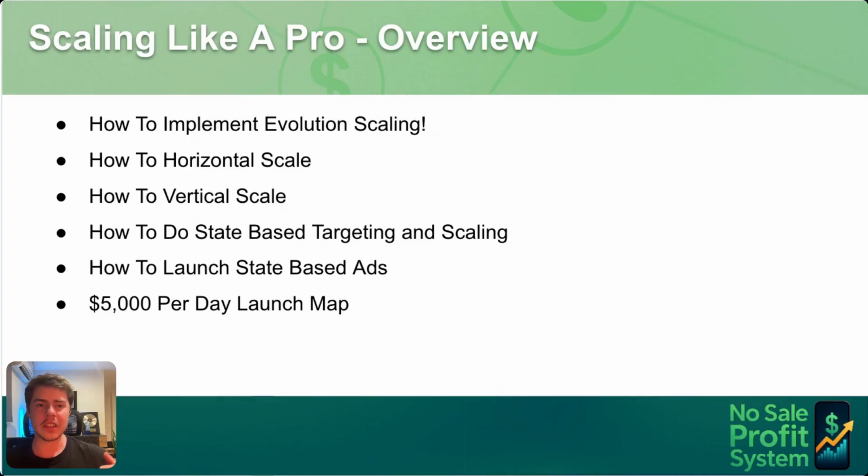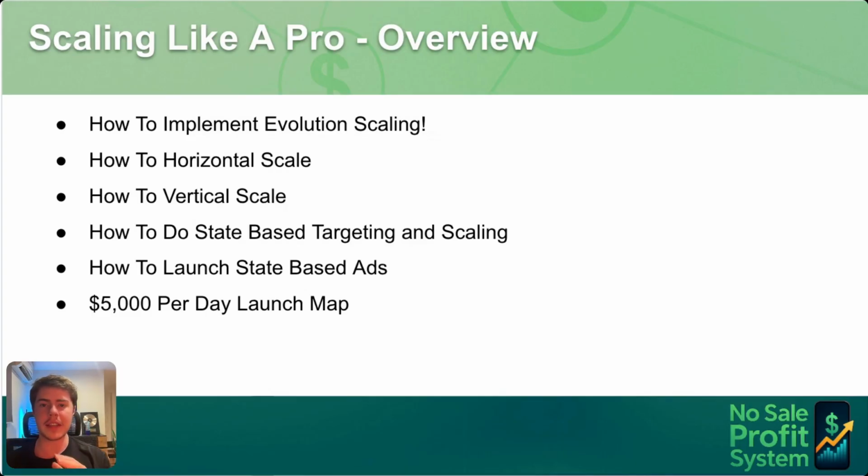And that allows us to have a lot more scale in those states, okay? It also has a lot of benefits as well because calling out an individual state can lower CPMs, increase CTRs, and ultimately a ton of money is made by just targeting individual states, okay?